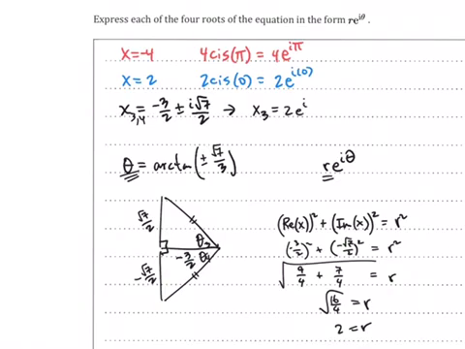2e to the i, okay, hang with me here for a second. This angle is pi, so this angle will be pi minus theta 3. So that'll be pi minus arctan of negative root 7 over 3.